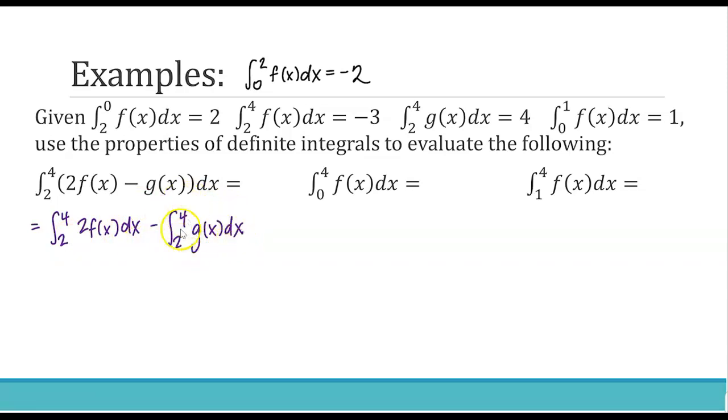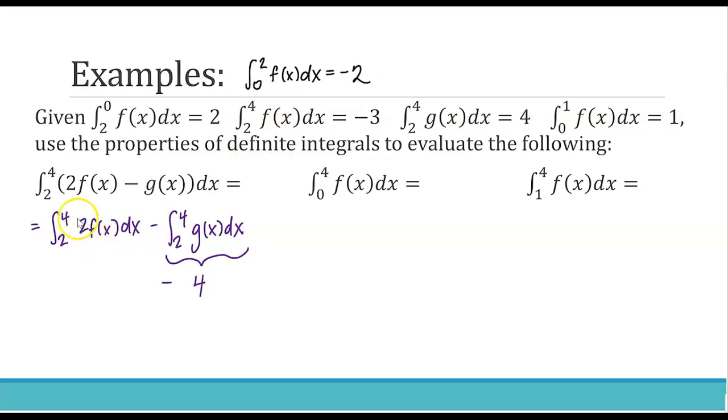Well, I have this piece exactly. I have the integral from 2 to 4 of g of x dx. That whole value happens to be 4. So I can essentially replace this whole quantity right now with just the number 4, and that's being subtracted. Here, the integral from 2 to 4 of 2f of x dx, I don't have that exactly. I have the integral from 2 to 4 of f of x dx.